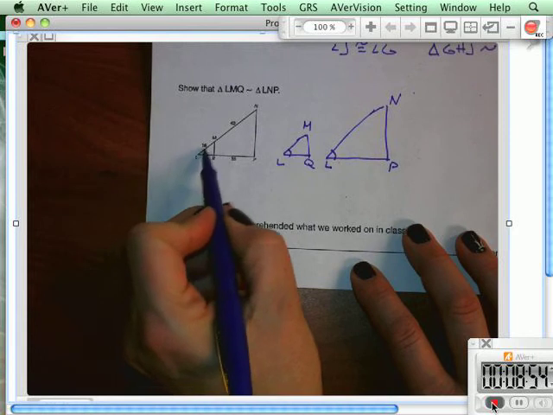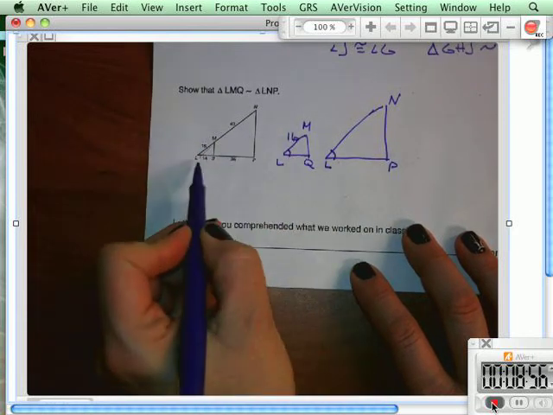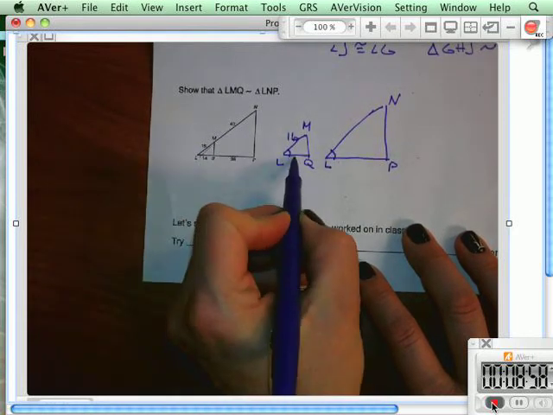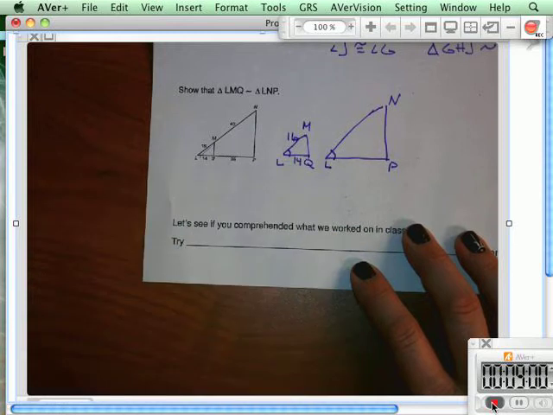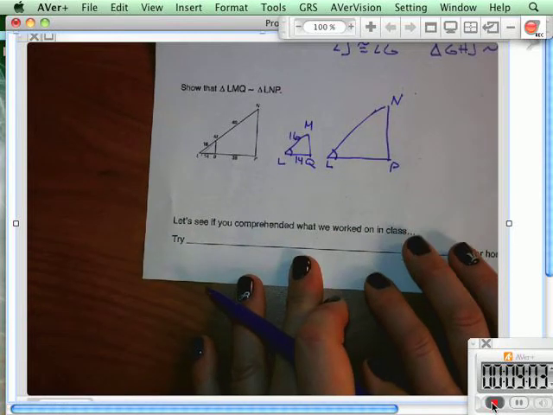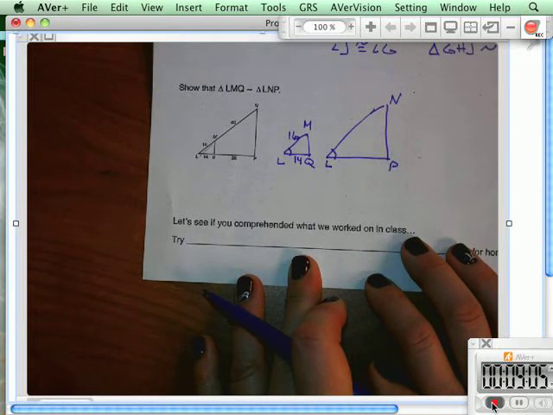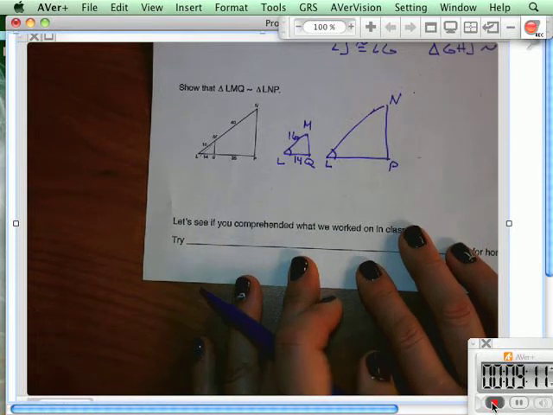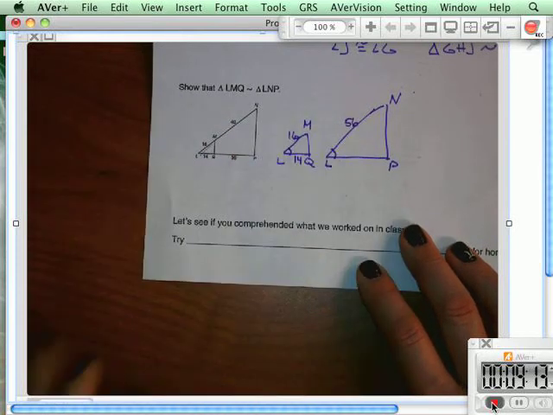I know LM is 16. LQ is 14. How long is LN? LN. 56. How long is LP?